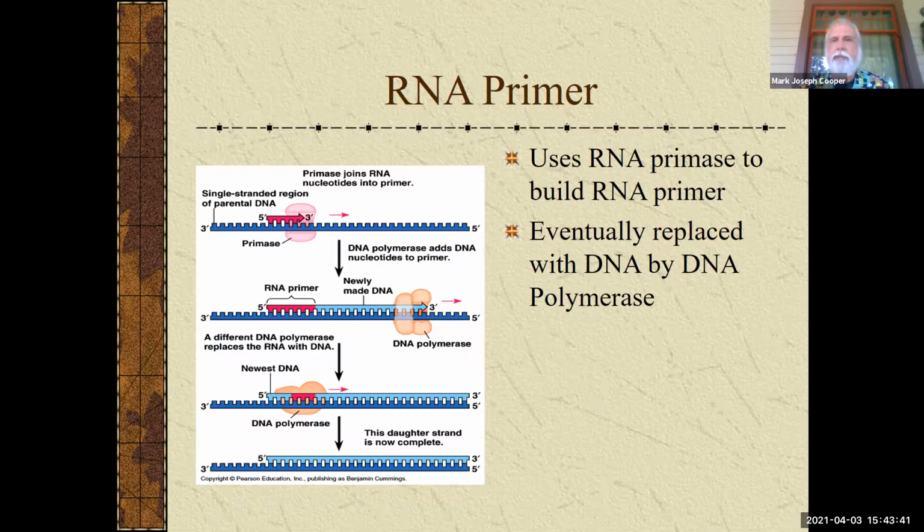It's called RNA primase. Once the primer is put in place, that's also built in the 5' to 3' direction. Then we can start building DNA by putting it on the end of the primer. So then DNA will start to be made in the 5' to 3' direction. Okay, so RNA primer.